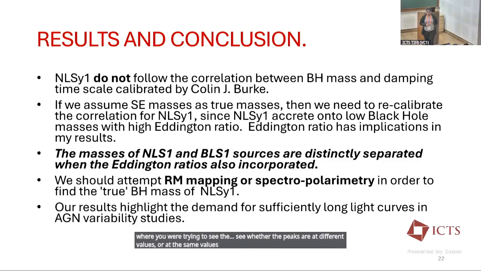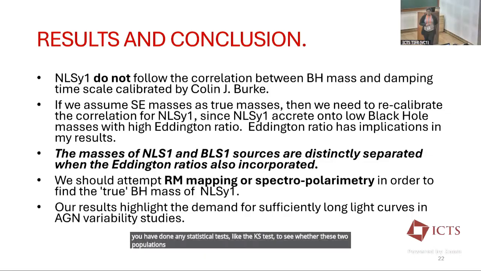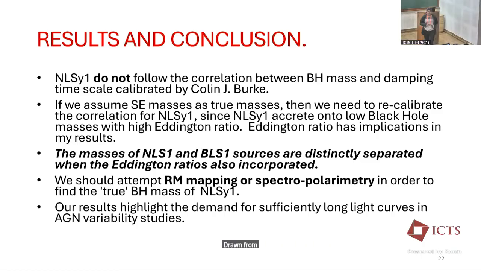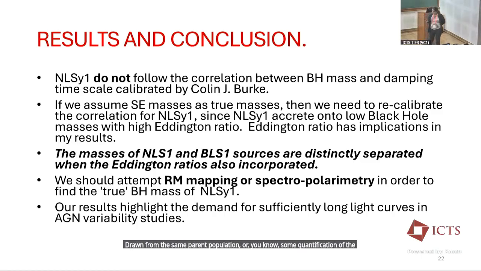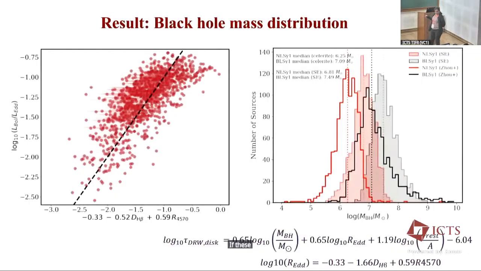I was asking whether you have done any statistical test, like the KS test, to see whether these two populations are drawn from the same parent population. Yeah, so you are saying that in the BLS1 itself, whether these are statistically the same or not.